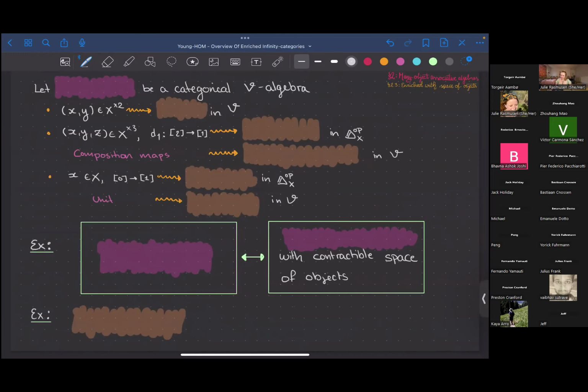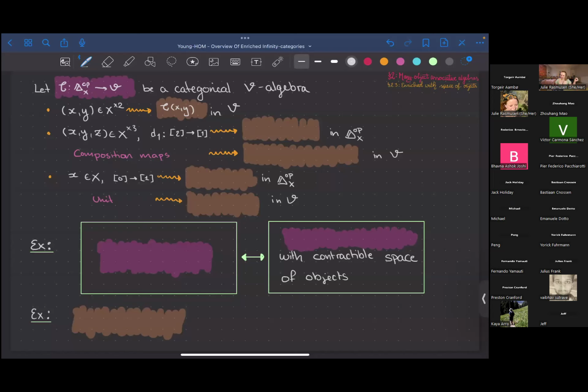So if we let C go from delta up X into V, so we let this be a categorical V-algebra with space of objects X, then if we have a pair of objects x, y, that is sent to C of x, y in V. And if we have a triple x, y, z, that will lie over 2.